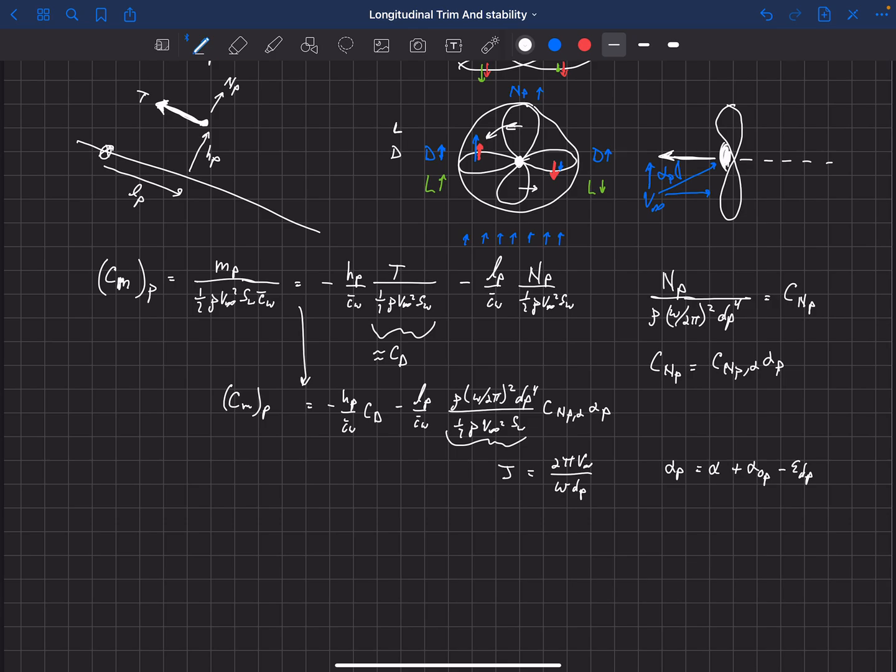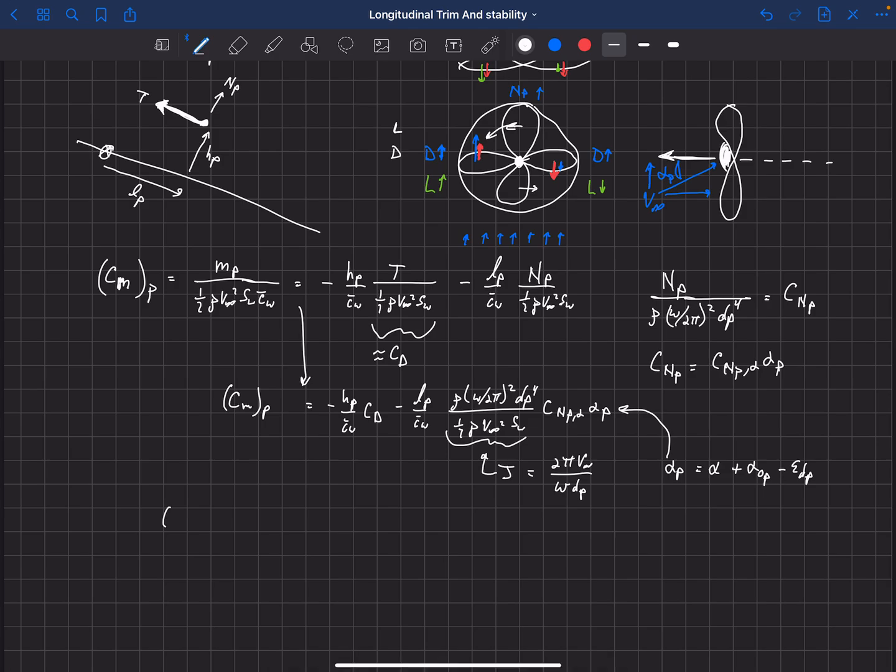Okay, so let's plug all of this in, and I'm going to do one other thing here at the same time. So we're going to plug this advance ratio in here, and we're going to split up.